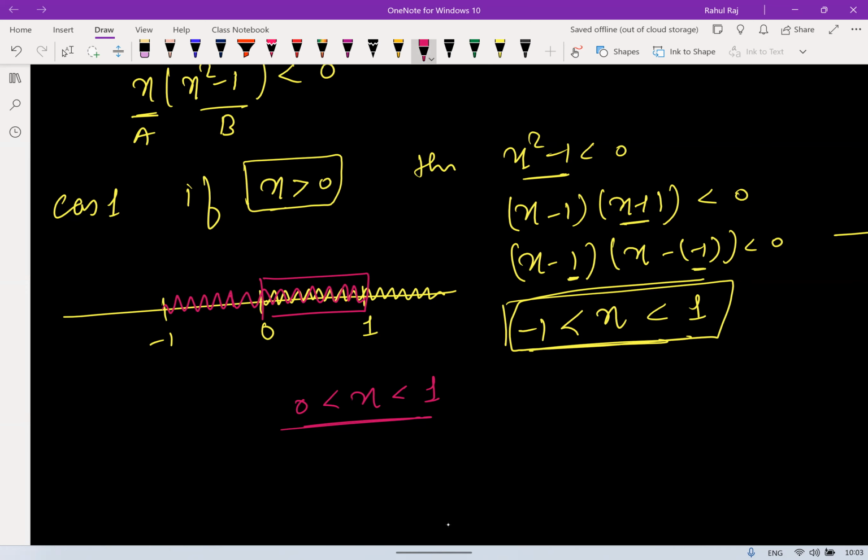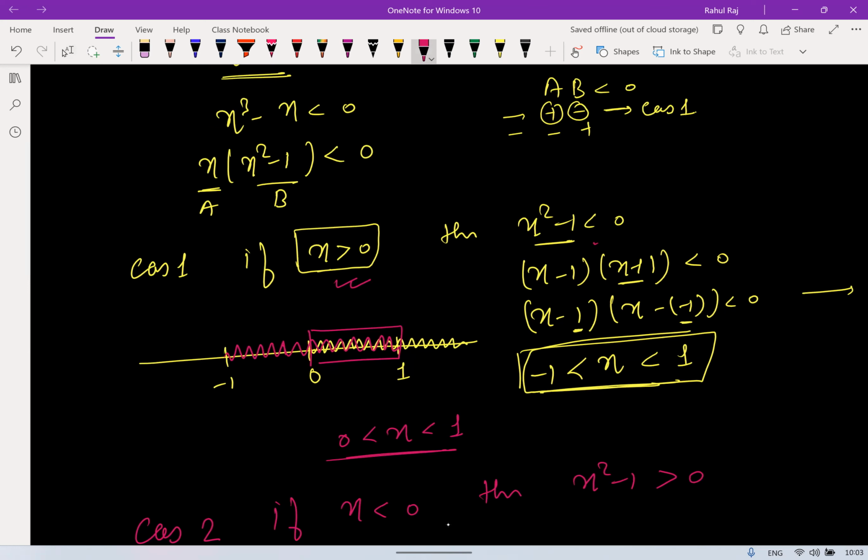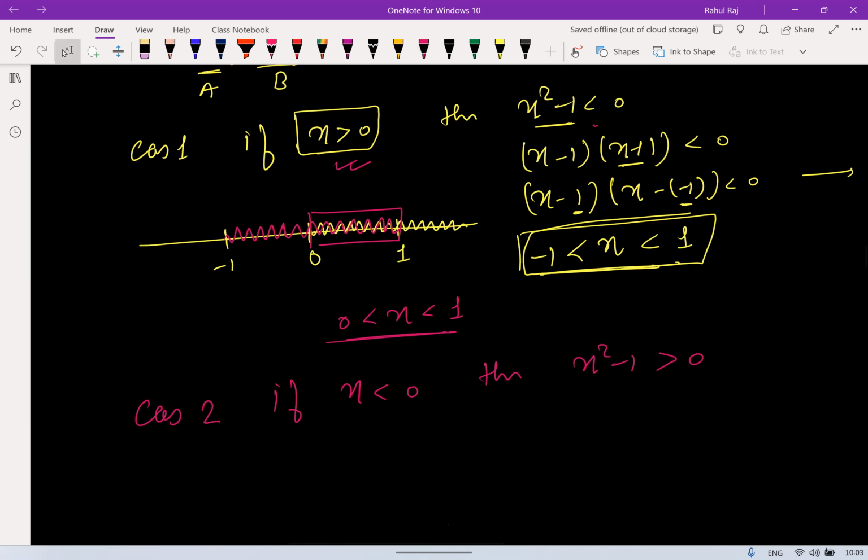Now, case 2, simple logic. In case 1, we did if A is positive, B is negative. Now I'm taking if x is negative, that is, if x is less than 0, then can I say x square minus 1 is greater than 0? Agreed?